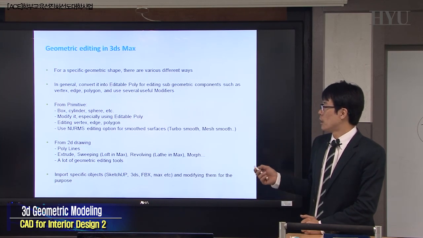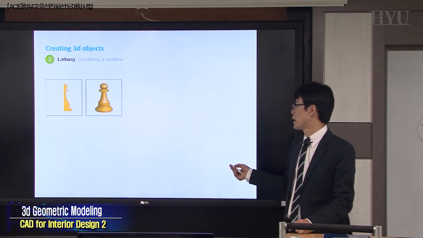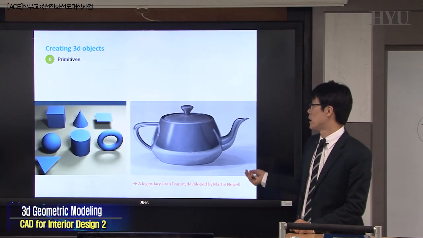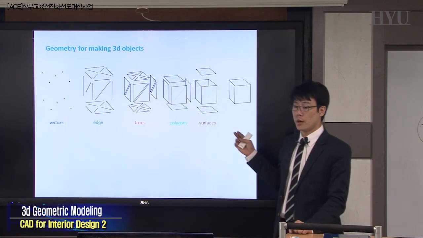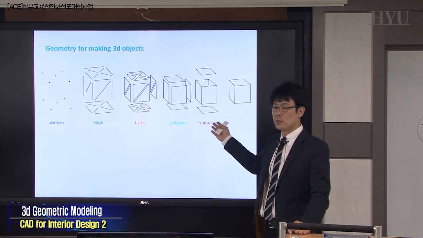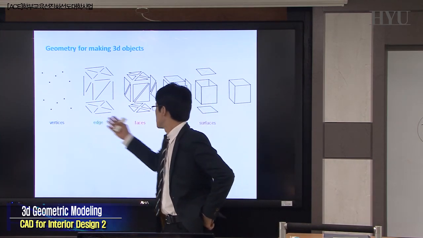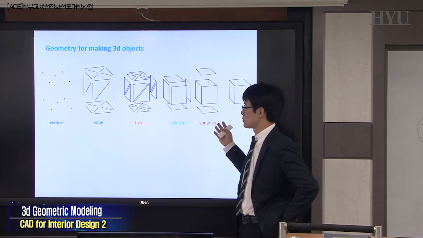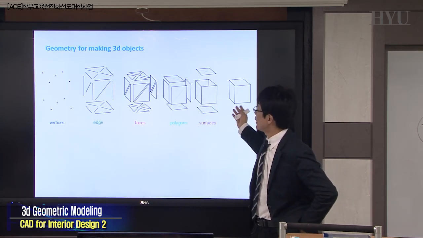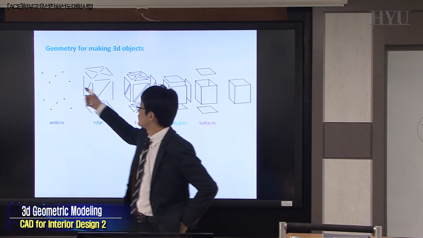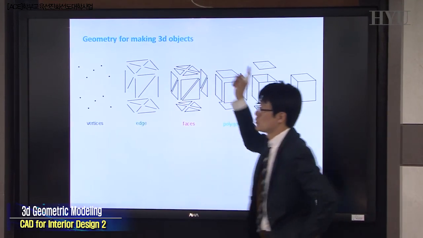But actually, these are modifier-based modifications, some utility-based. There is a specific reason that I show you these subcomponents. Vertex, edge, face, polygon, surface. You can control all of these. What if you drag and drop those 2 points in the Z direction, to the top?